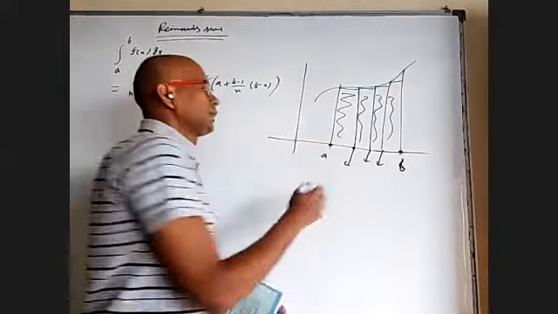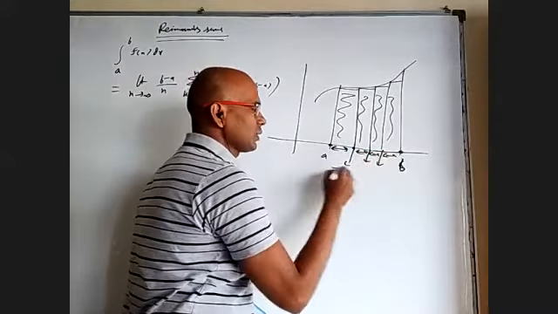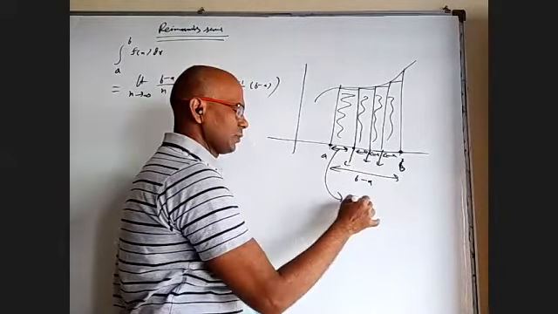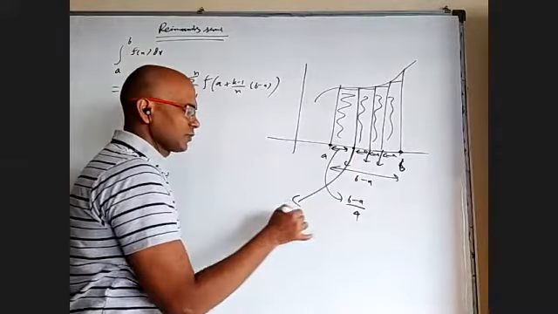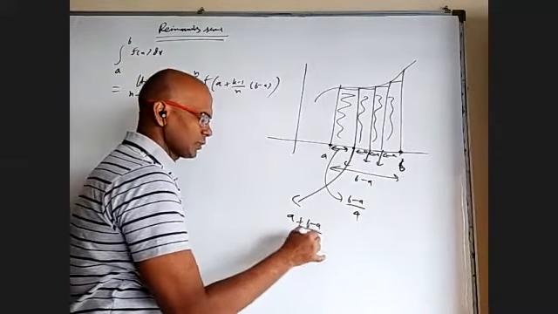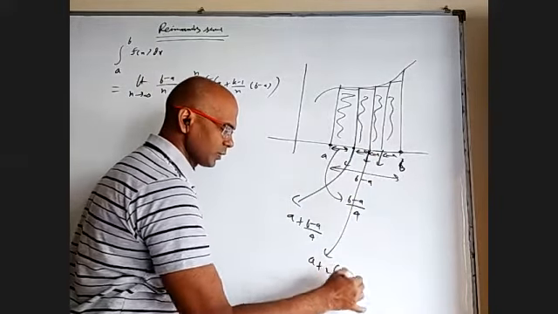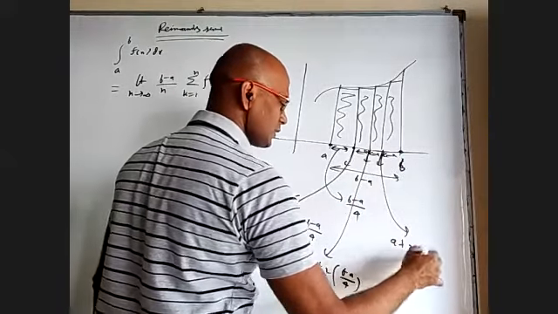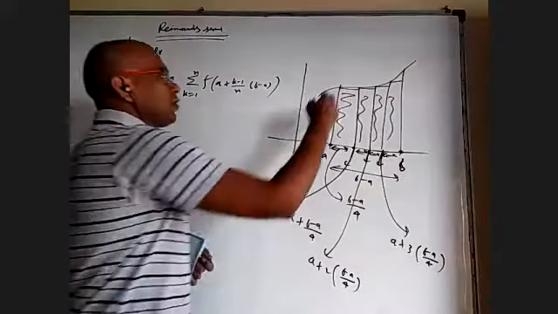Yes, these are 4 parts, total width is B minus A. So each small width will be B minus A by 4. Based on that, this x value will be A plus B minus A by 4. This x value will be A plus 2 times B minus A by 4. And this x value will be A plus 3 times B minus A by 4. And what are these points?